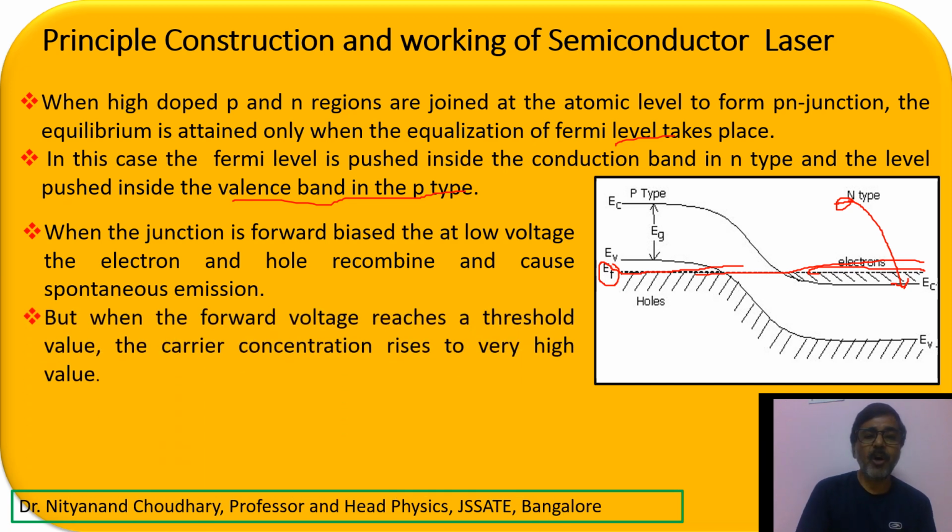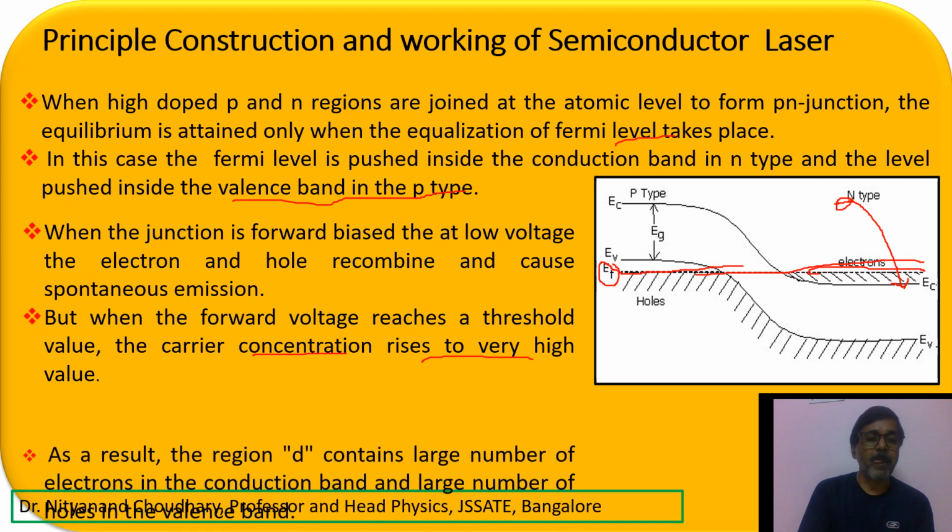But when the forward voltage reaches its threshold value, the carrier concentration rises to a very high value. So the moment it reaches the threshold value of the voltage, the carrier concentration rises to a very high value, because from both sides the fusions start building up, and therefore the fusion process also starts proportionately, right?